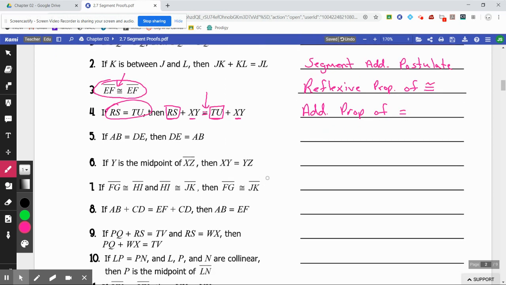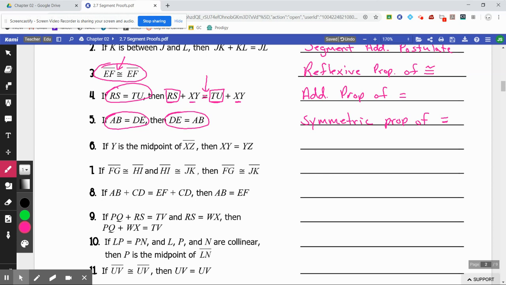If AB is equal to DE, then DE would also have to be equal to AB. That would be the symmetric property of, and notice it's an equal sign, so that's the symmetric property of equality. Now we do have a symmetric property of congruence too, so be careful.